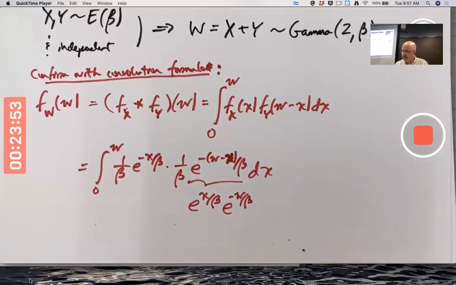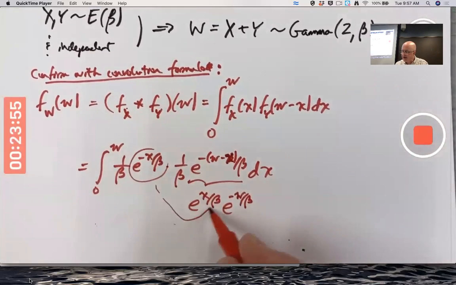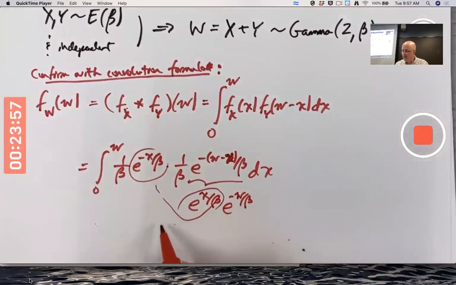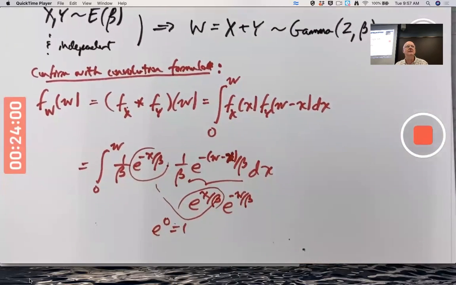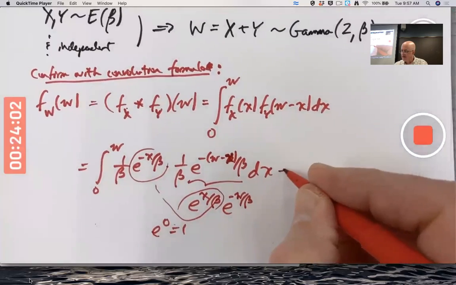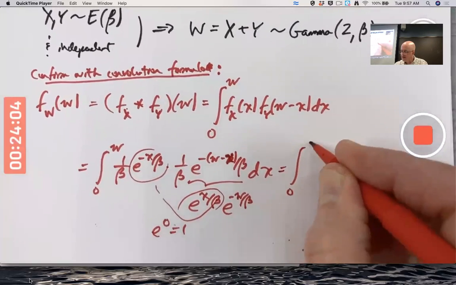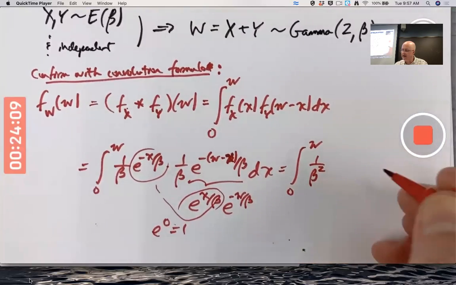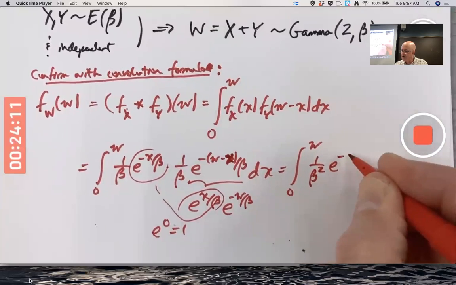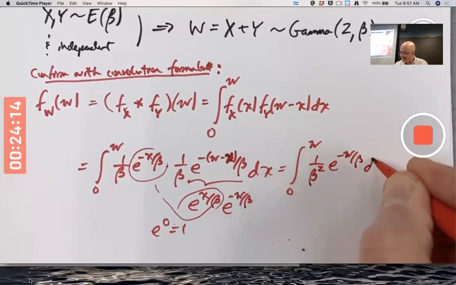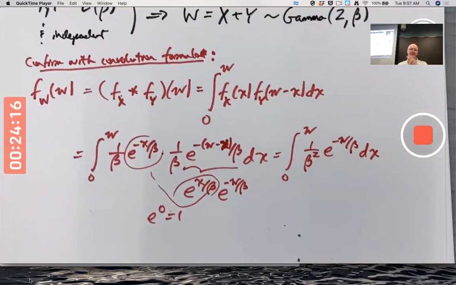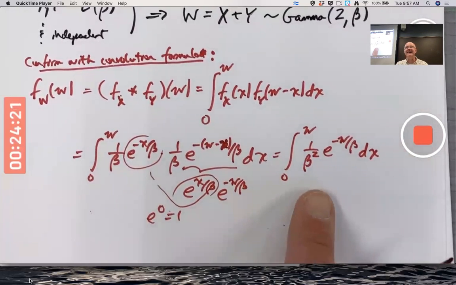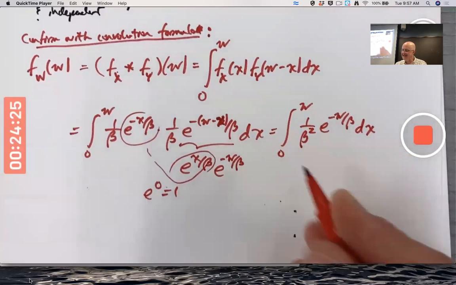And then continuing to use properties of exponents, if I combine these two things, I get e to the 0, which is 1. So I'm really integrating 1 over beta squared, there's two factors of 1 over beta, e to the negative w over beta dx, not dw. This is a constant with respect to x. Very easy integral to do.